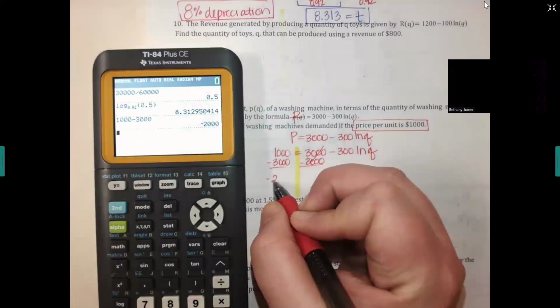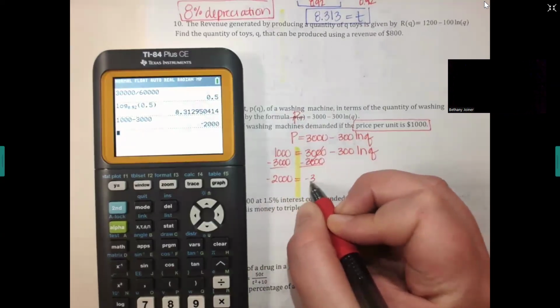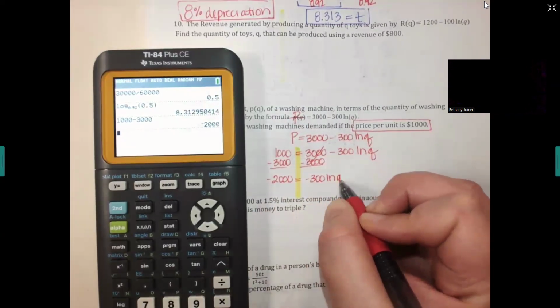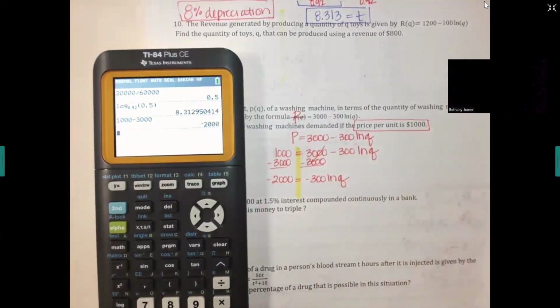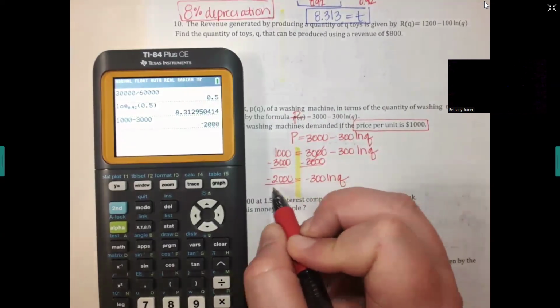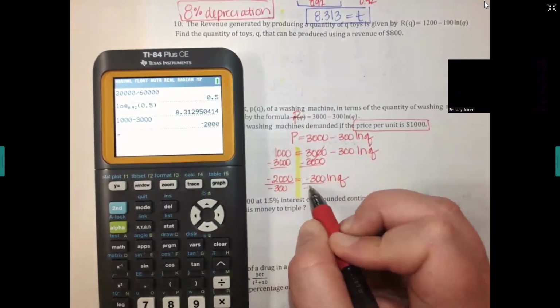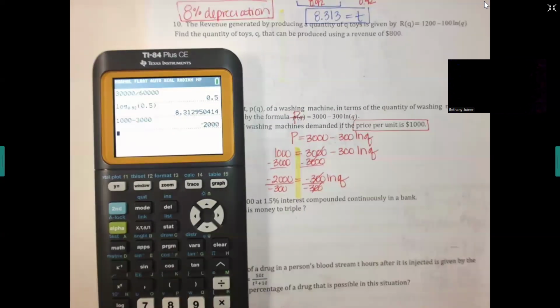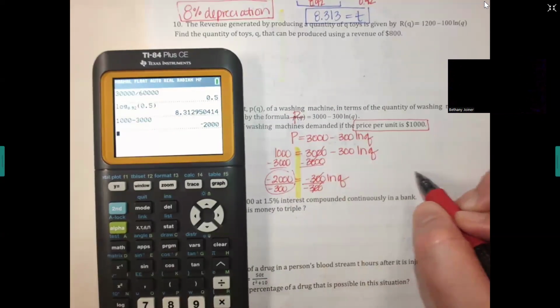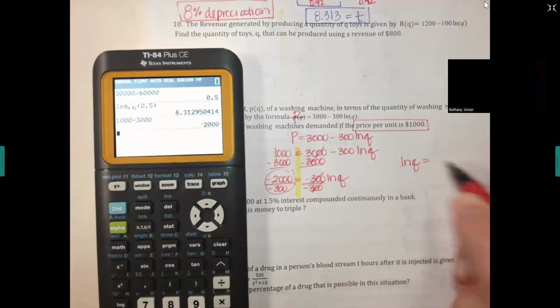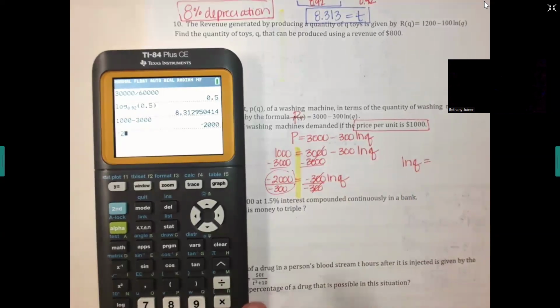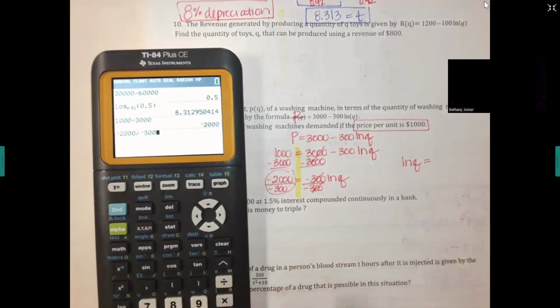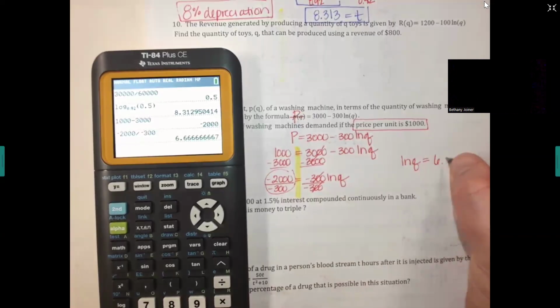So I have negative 2,000 equals negative 300 ln Q. Next, I want to get to that ln Q, but there's a negative 300 in the way. So I'm going to divide by that negative 300, so that now we have whatever this is equals ln Q. Let's figure out what that is. Negative 2,000 divided by negative 300 comes out to 6.667, or if you wanted to leave it as a decimal, you could.